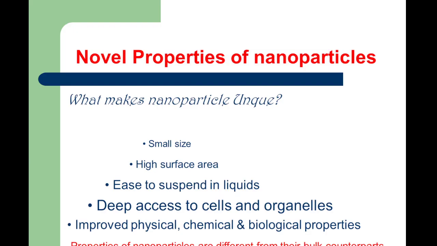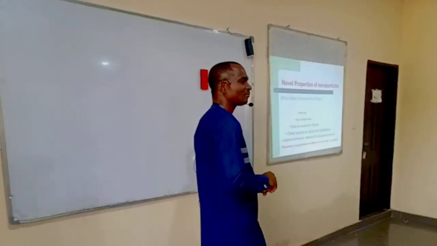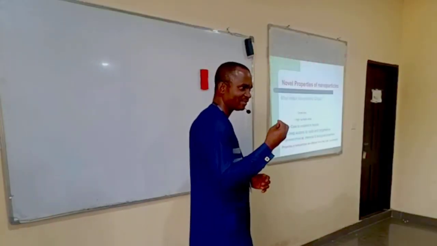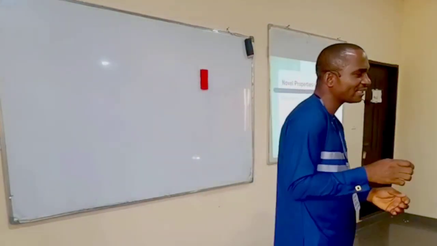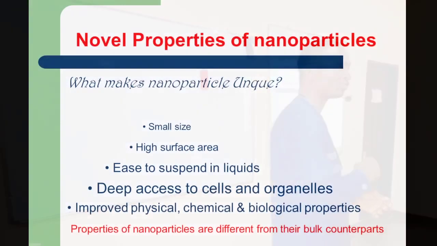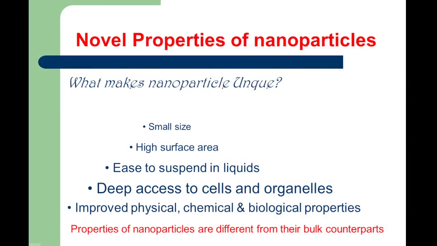Now let's look at the novel properties of nanoparticles. What makes nanoparticle unique, or a novel one that people are talking about now? Number one is small size. Look at the size, even smaller than the so-called virus. Very small.